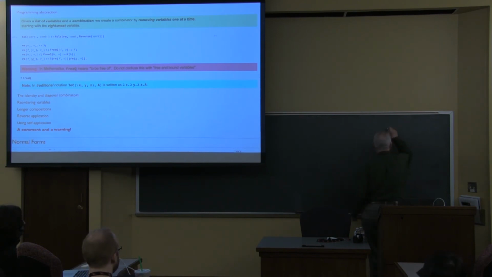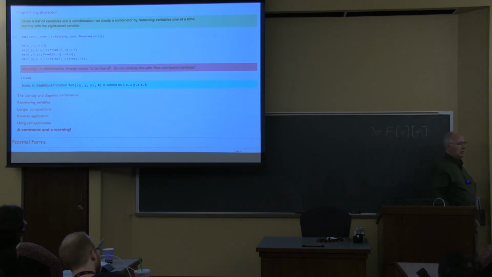So what if we took f of v and we want to remove the variable from that? What will we do there? Well, I would have to look at this part and this part here. Okay? So when I remove the variable from this part, I have the identity function.